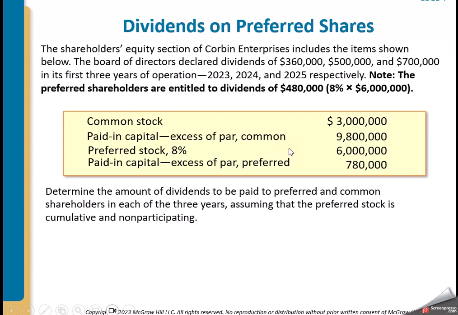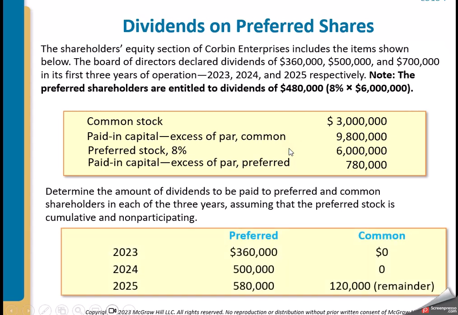Dividends on the preferred stockholders is going to go back to if they are cumulative or non-cumulative. So we calculate out what the preferred stock should get paid. Normally it's right in there. It's the percentage. So we have 6 million outstanding and it's paying 8% dividends.